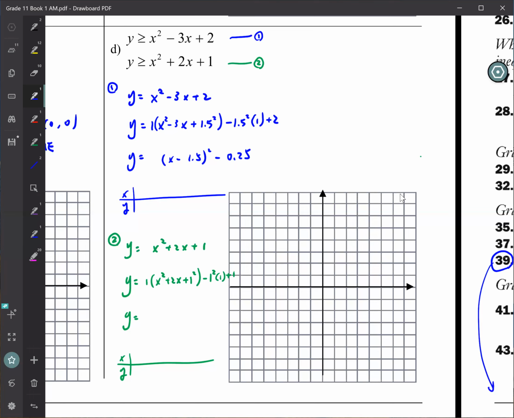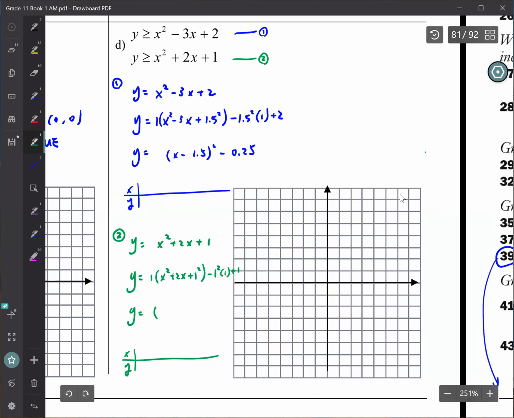Okay, and then second parabola, what's the vertex form? Aaron. Y equals bracket x plus 1 bracket squared. And nothing behind? No. Yeah, okay, very good.